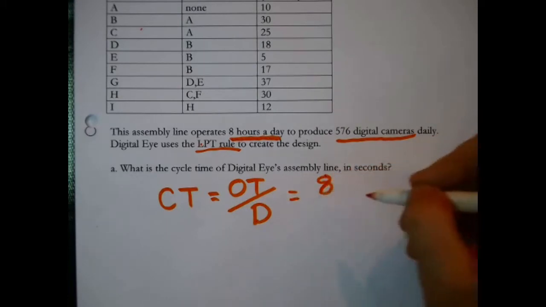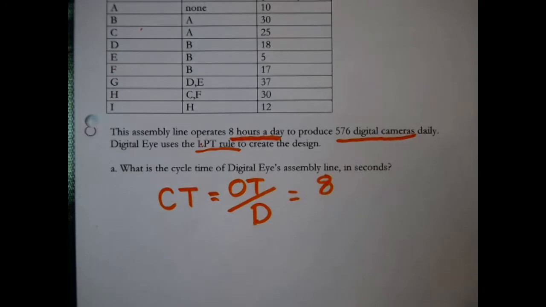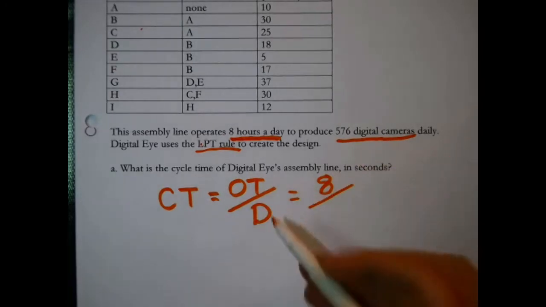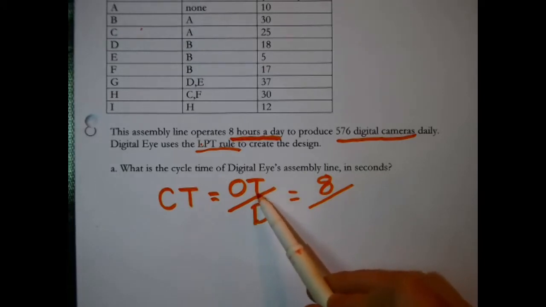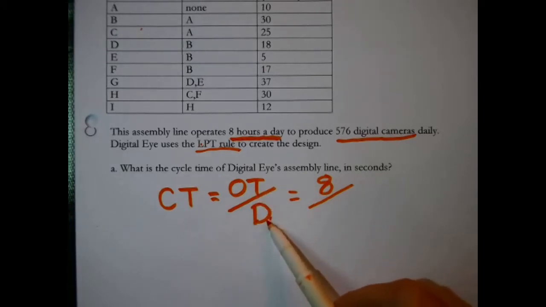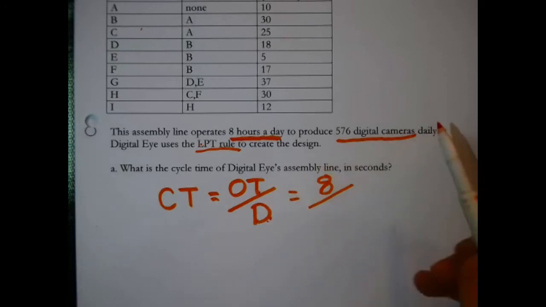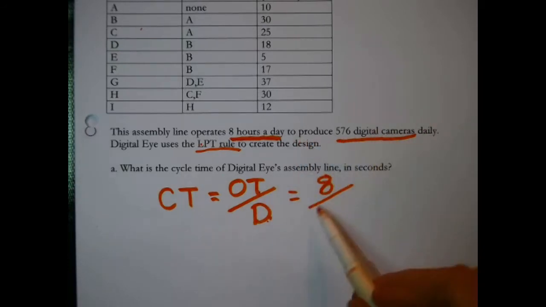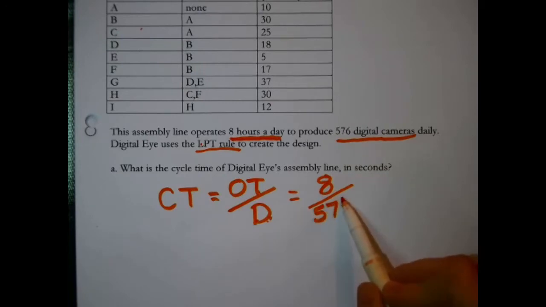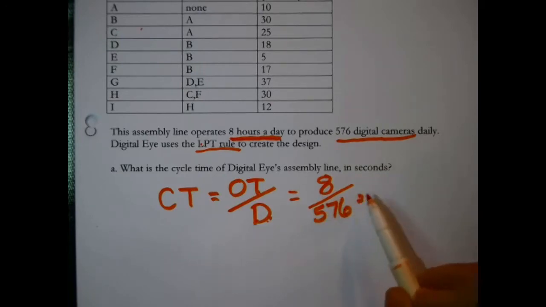OT for operating time, 8 hours a day, so I'll put an 8 there. And then D is demand, what you need the line to produce during OT, however much time that was. And they said that. They said to produce 576 cameras, so that goes in the denominator.